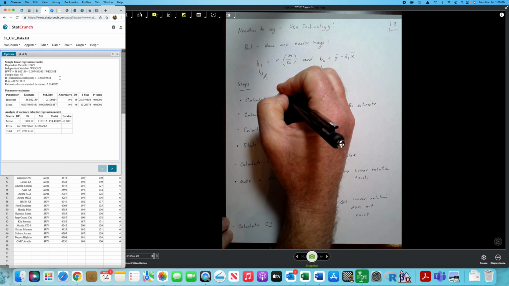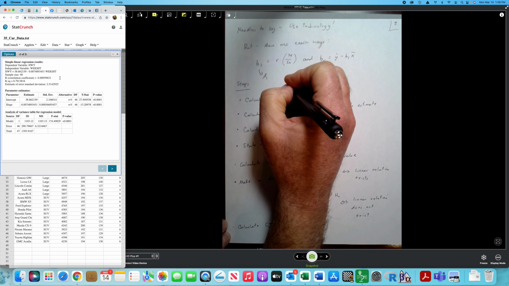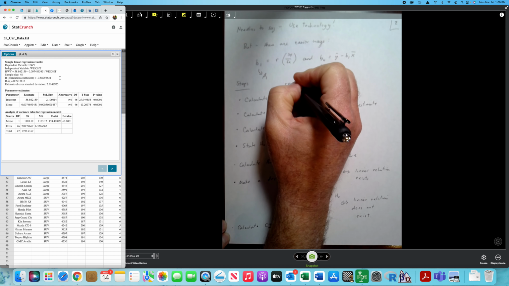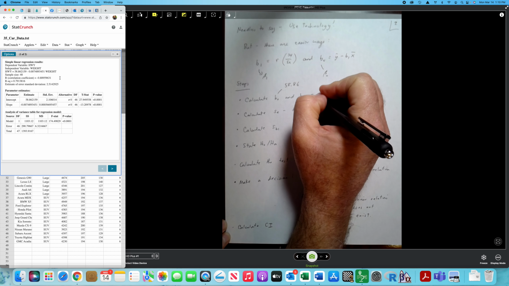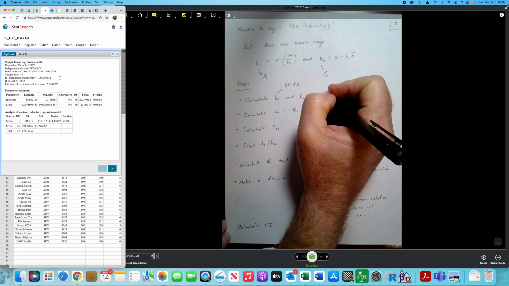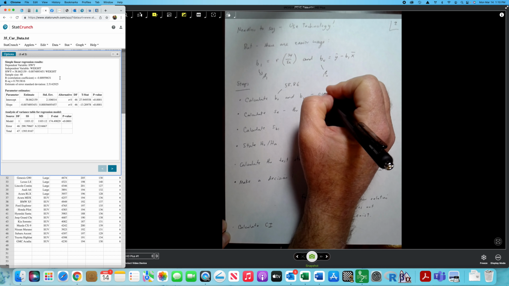So my B0 is going to be 58.86, and my B1 is going to be negative 0.075.